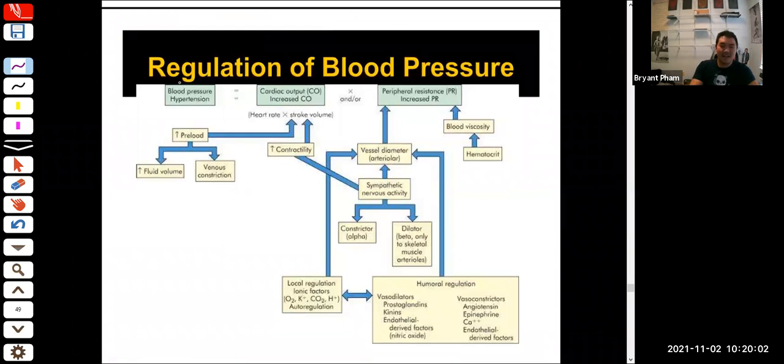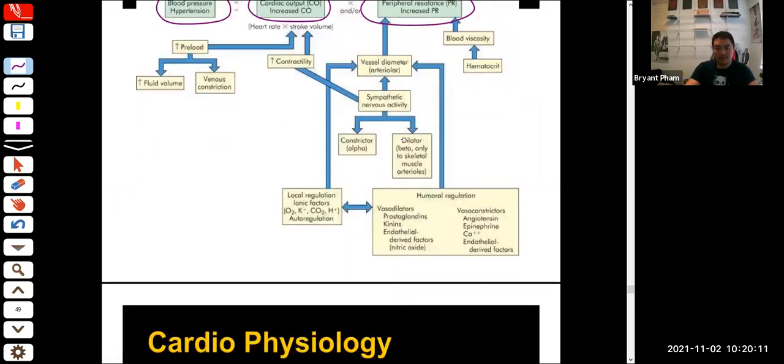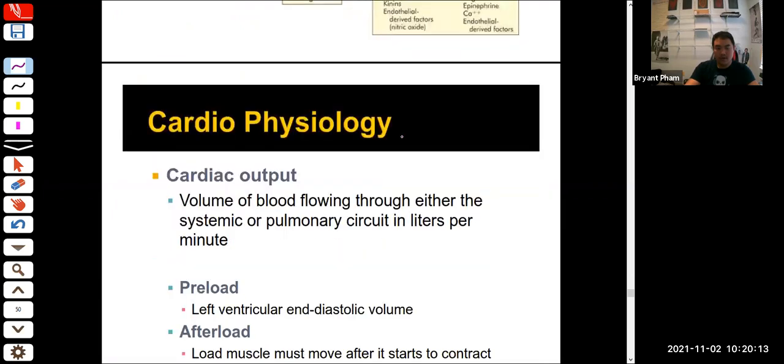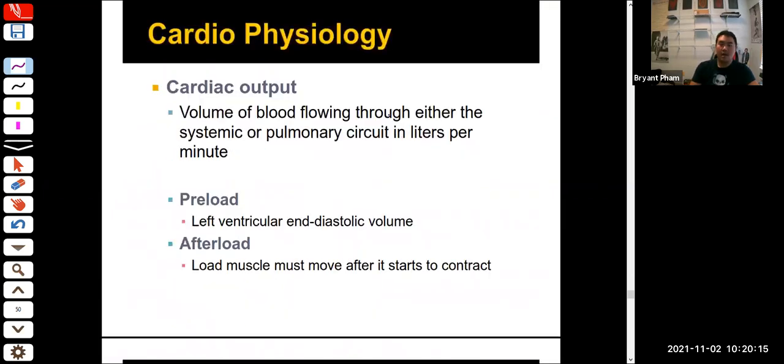So just reiterating, hey, your blood pressure is cardiac output multiplied by peripheral resistance. All right. So cardiac output. What were the two things that give us cardiac output?